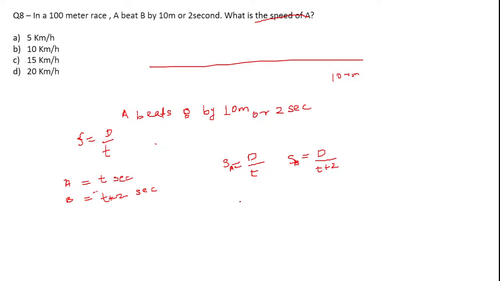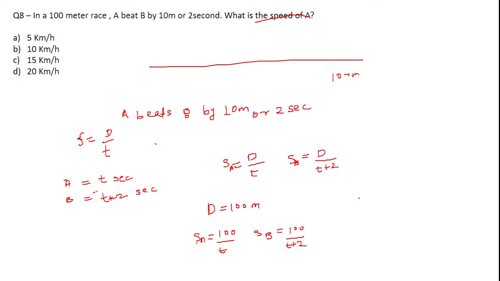The value of D is 100 meters, so speed of A we can write as 100 upon T, and speed of B as 100 upon T plus 2.